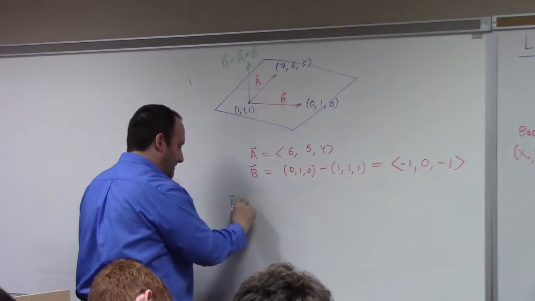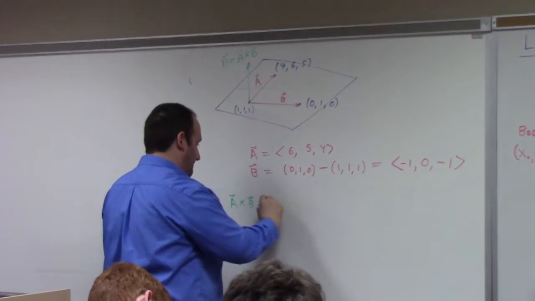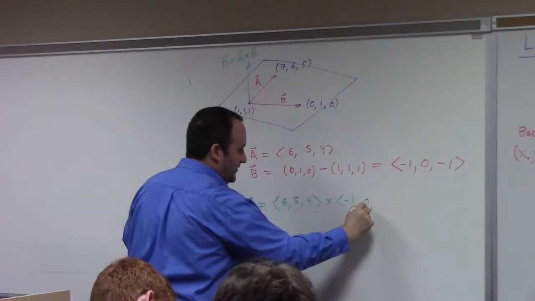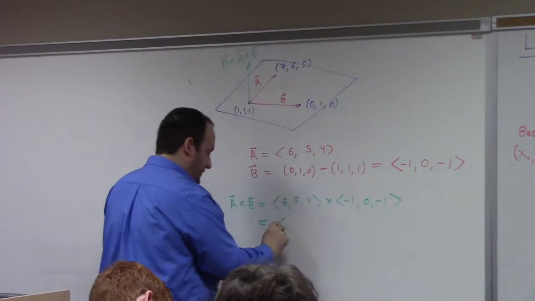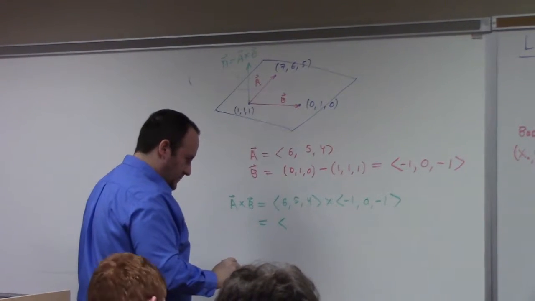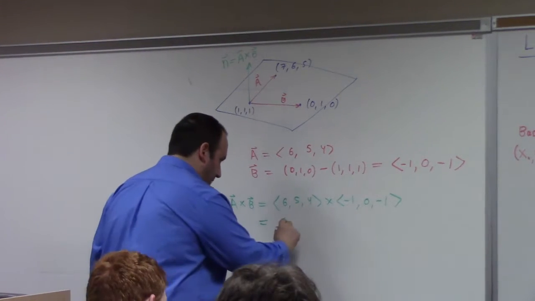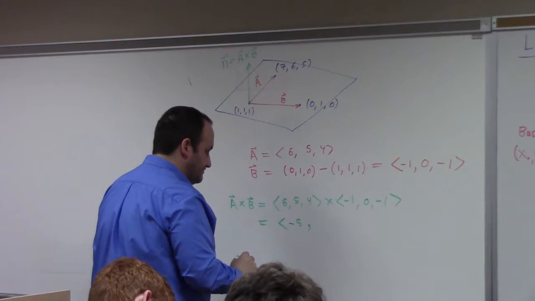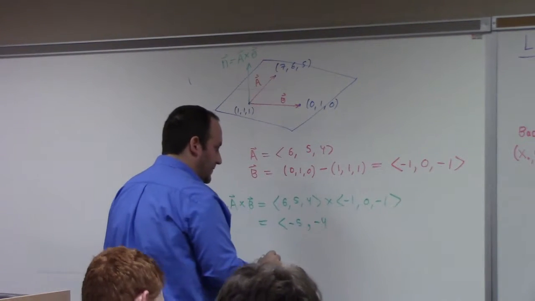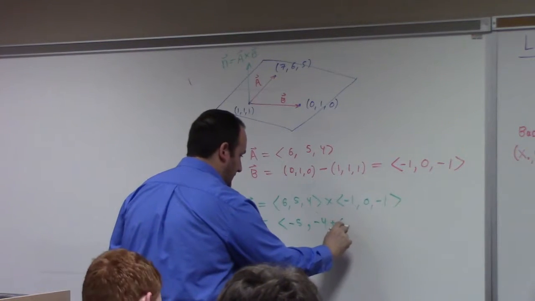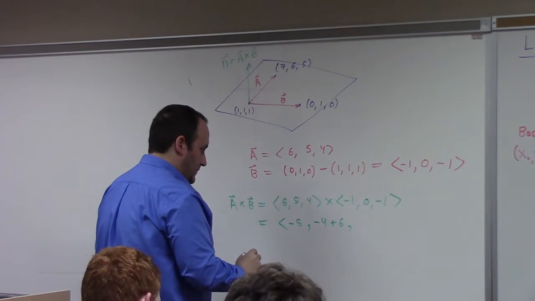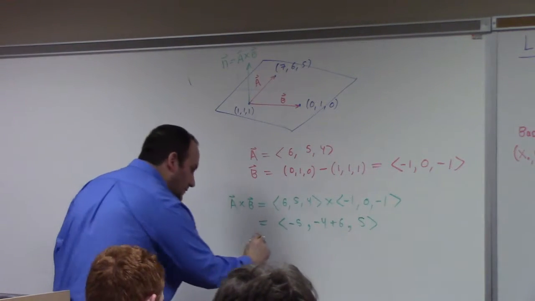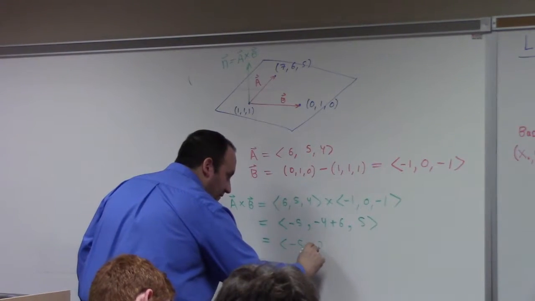So A cross B equals 6, 5, 4 crossed with minus 1, 0, minus 1, which is minus 5, minus 4 plus 6, plus 5, which is minus 5, 2, 5.